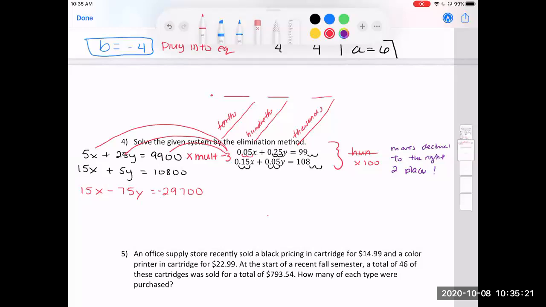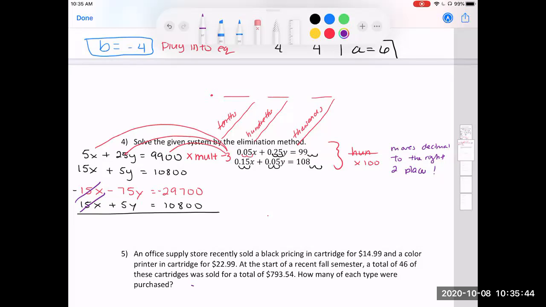And yes, I used a calculator for this. And then we have our second equation, which is 15x plus 5y equals 10,800. Okay, we get our desired value where our x's add to make 0.